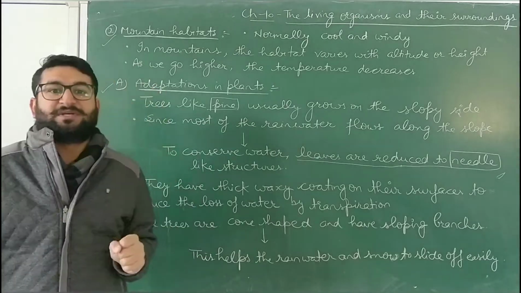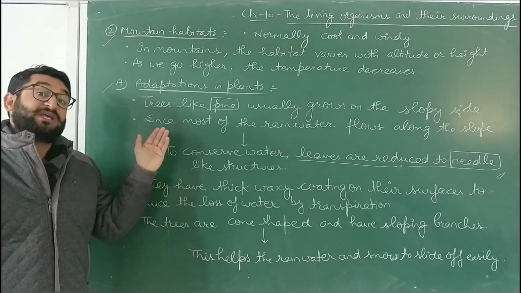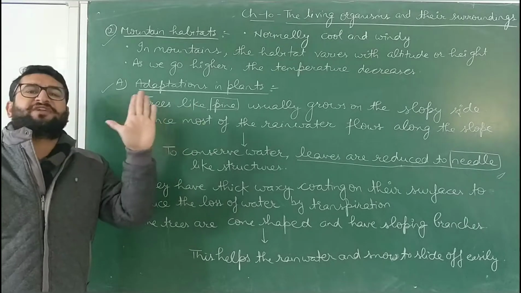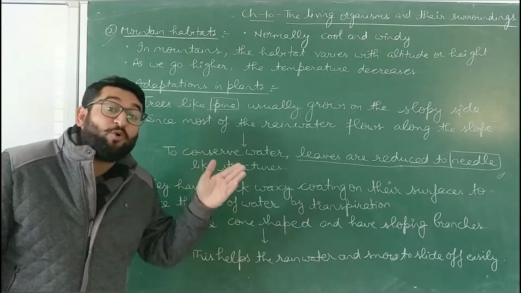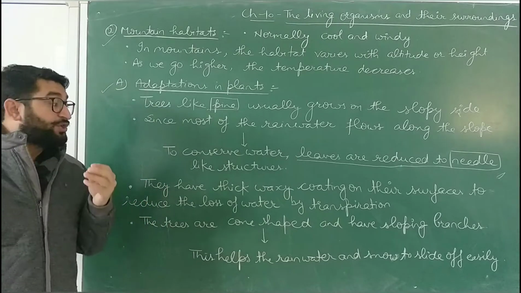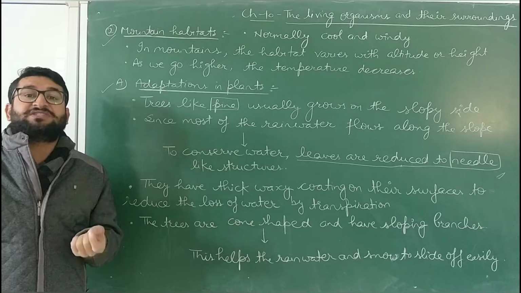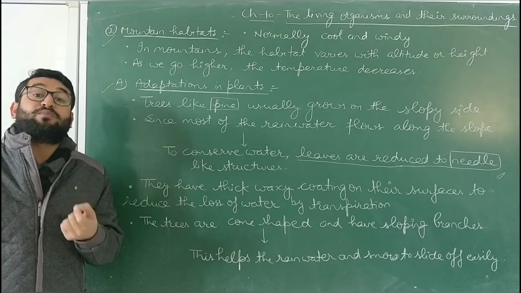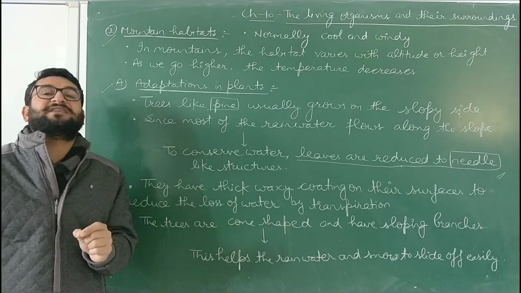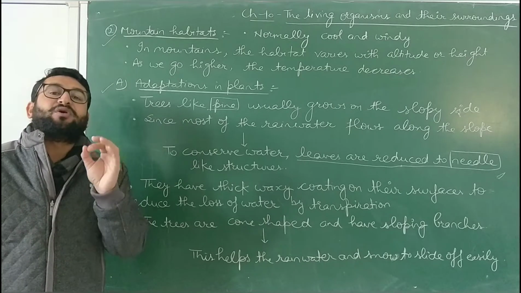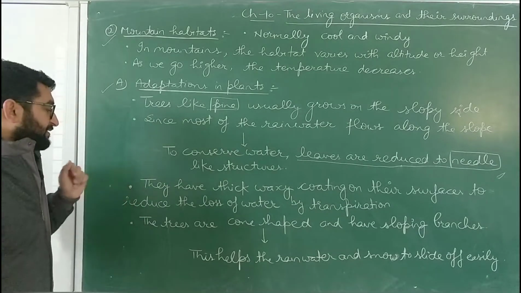That will be reduced. तो बच्चे जो थोड़ा बहुत पानी available होगा trees उससे ही grow करेंगे, क्योंकि plenty of rain will be there in the mountain regions, but सारा जो rain water होगा बच्चे that will move down the slope. So to reduce the loss of water through transpiration, the leaves of the plants and the trees found in the mountain regions are modified to needle shape, and that needle shape decreases the surface area, due to which the loss of water through transpiration is reduced.